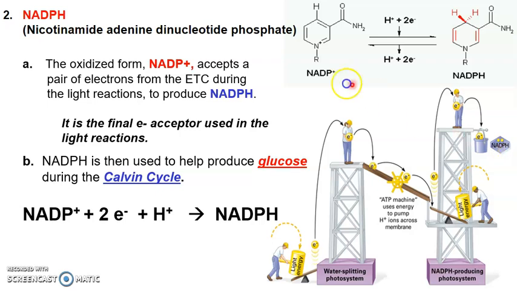So again, NADP+ will be turned into NADPH during the light reactions, the first step in photosynthesis, by adding a pair of electrons and a hydrogen ion to make NADPH, and then both ATP and NADPH will be used to make glucose during the Calvin cycle.